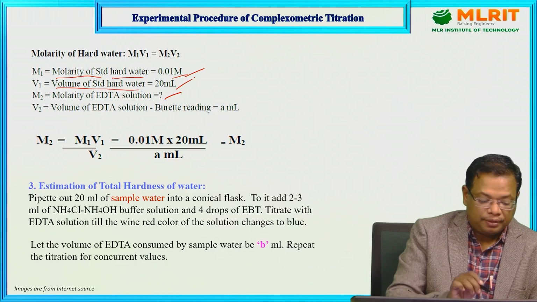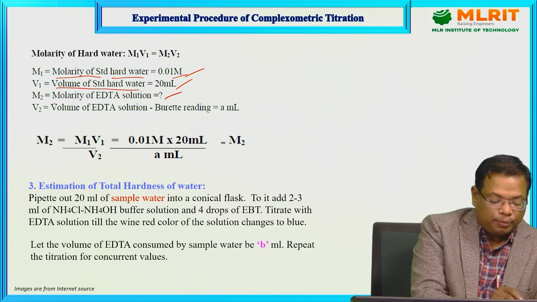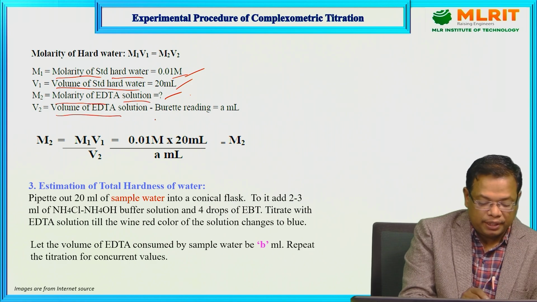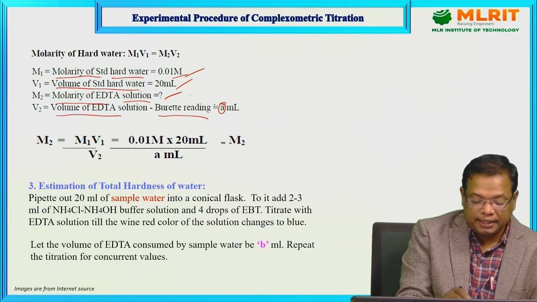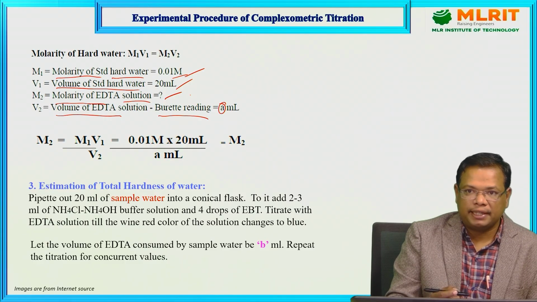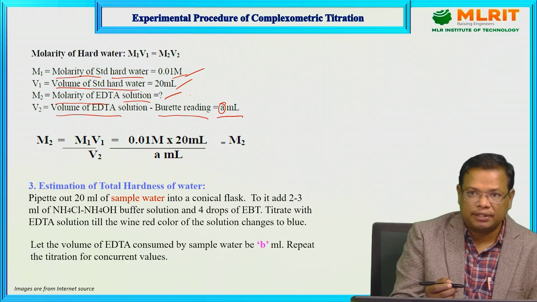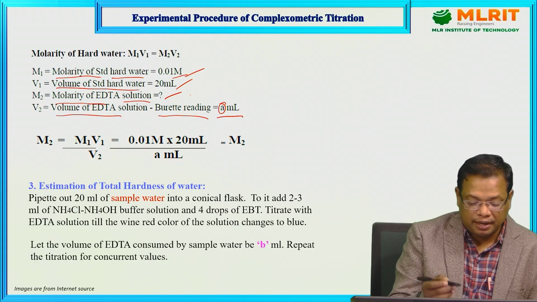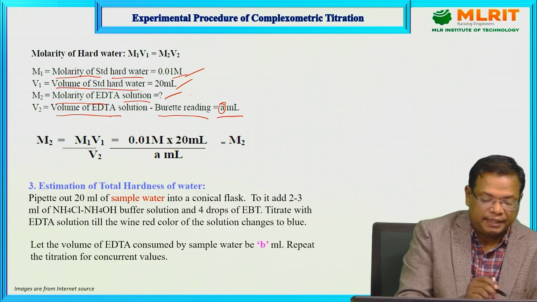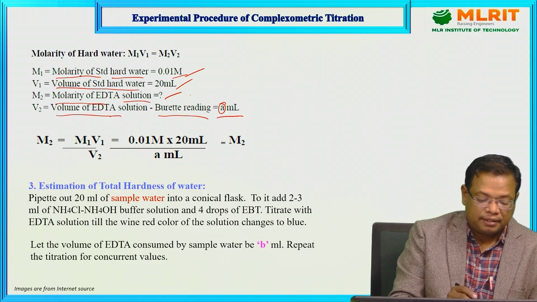In the burette, we are going to find out the molarity of the EDTA solution. The volume of EDTA solution from the burette reading, for example, we can take as A ml. How much is consumed, we don't know. After titration, we can come to know the consumption of the EDTA in the given standard hard water solution.